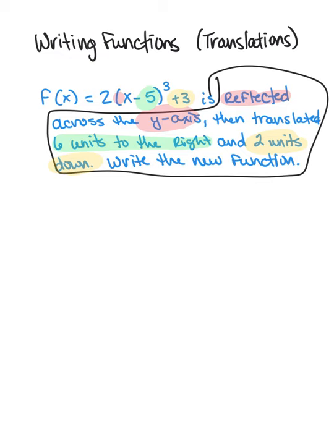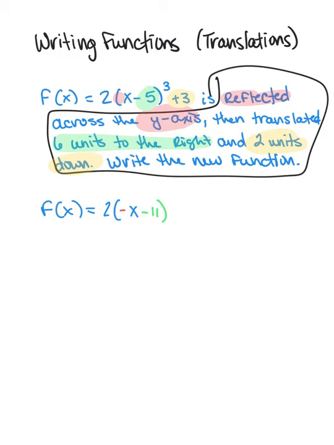So I'm still going to have f of x is equal to 2. Reflected over the y-axis means that I need to put a negative there. The x is going to change. So if I have a -5 and I'm going 6 more units to the right, again, because it's my opposite, it's not going to be a +6, it's going to be a -6. So -5 minus 6 is going to give me a -11.